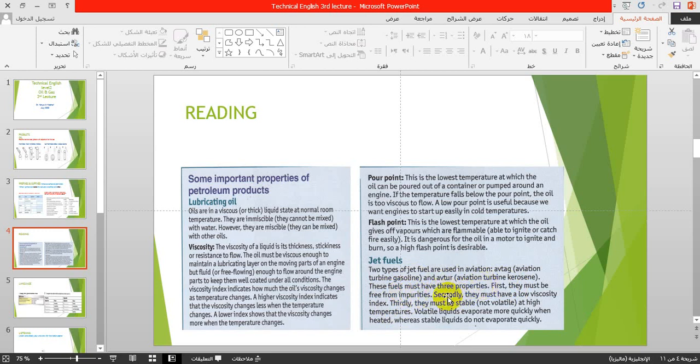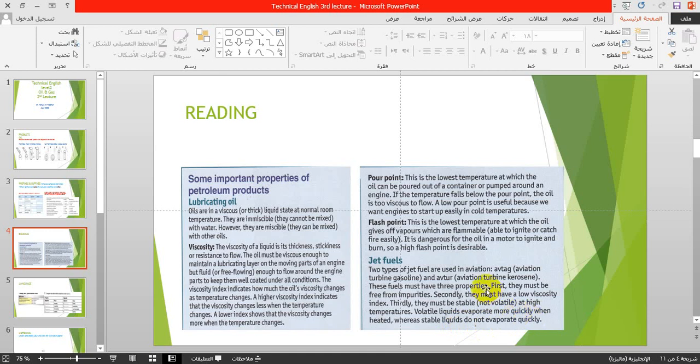First, they must be free from impurities. Secondly, they must have a low viscosity index. Thirdly, they must be stable, not volatile, at high temperatures. Volatile liquids evaporate more quickly when heated, whereas stable liquids don't evaporate quickly.